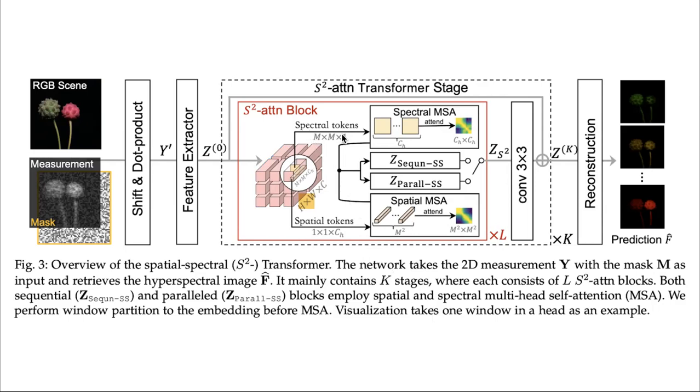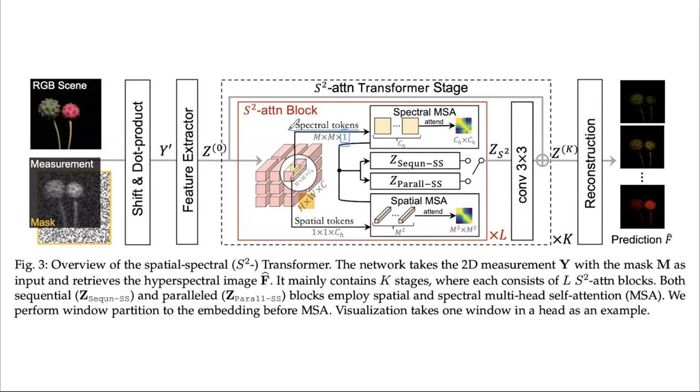So for spectral tokens, we want each unit to represent each wavelength, giving a C by C matrix. And then spatial.